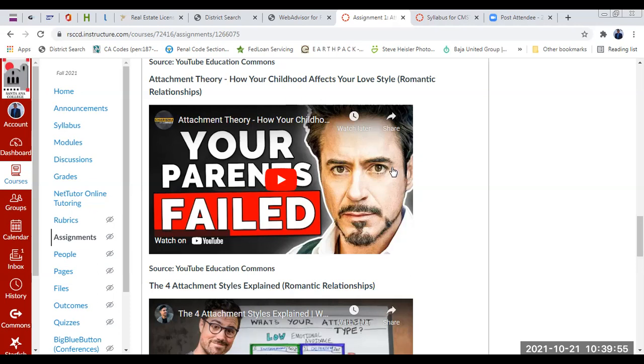So then there's the 4 different attachment styles. And I think one of them is Kylo Ren from Star Wars. The other one is Matt Damon from Good Will Hunting. And then the other one, I forgot which one it is, and so, Captain America. And then there's the secure attachment, right?